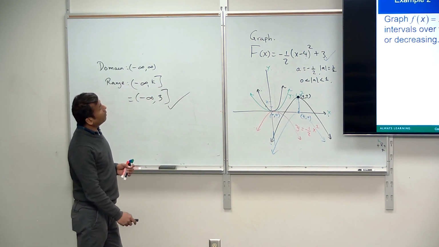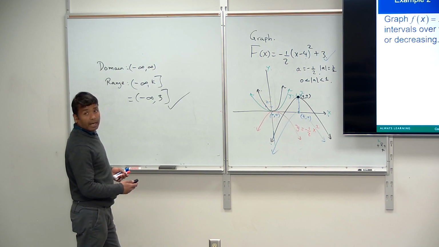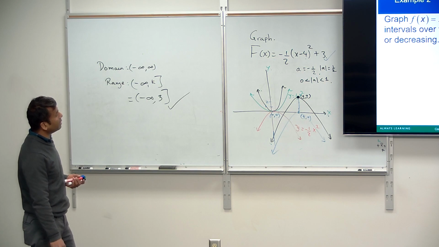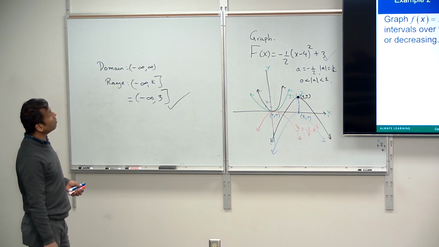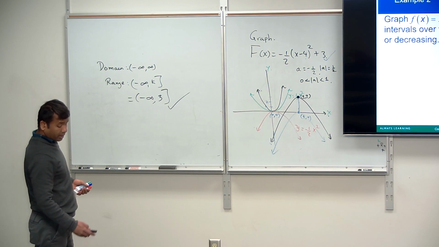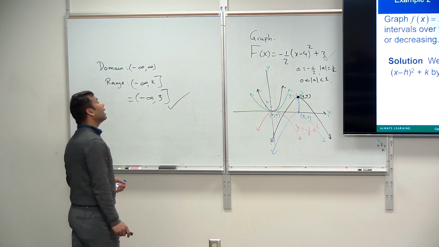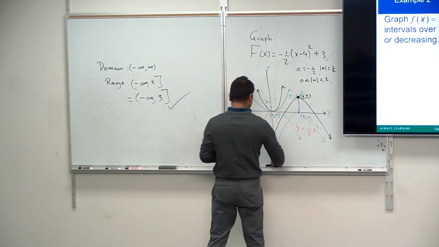Okay, guys, so now you can do the same thing here. If you graph f(x) equal to x squared minus 6x plus 7, find the largest open interval over which the function is increasing or decreasing. First of all, let me write this down.